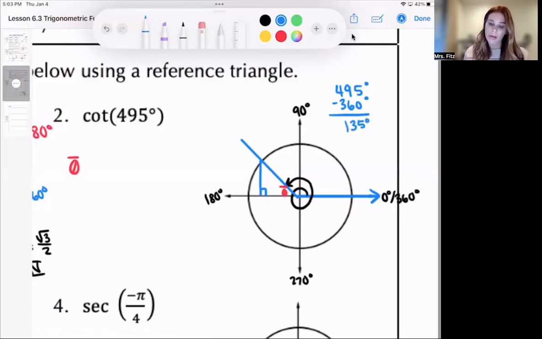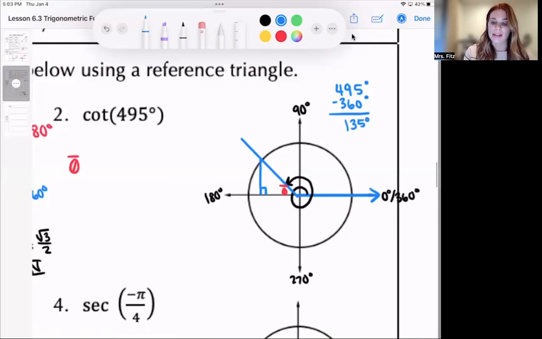So what we want to do to find the reference angle is we take 180 degrees and we subtract off the 135. And so what we end up with is a reference angle of 45 degrees. So this is a 45, 45, 90 triangle.